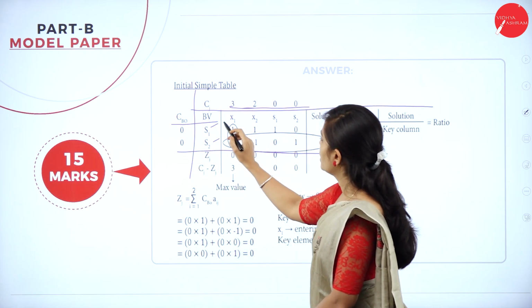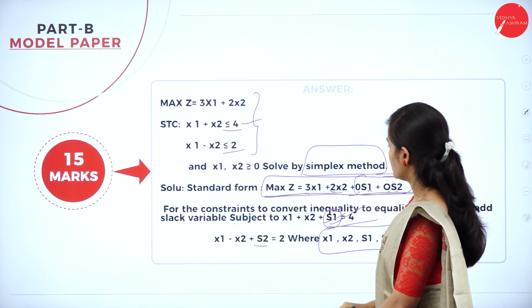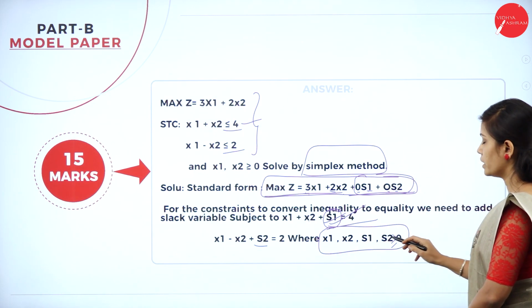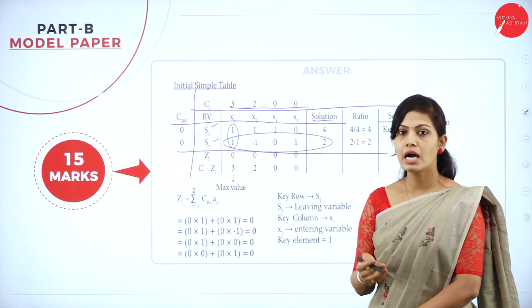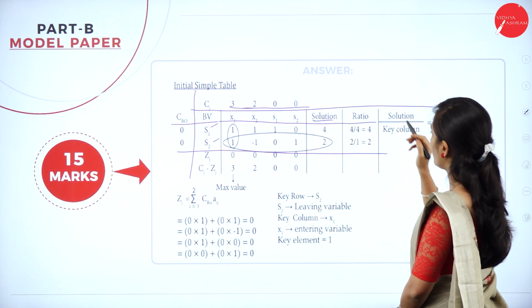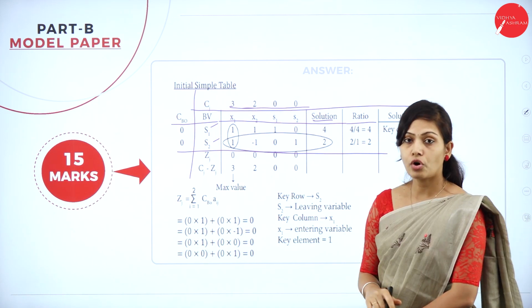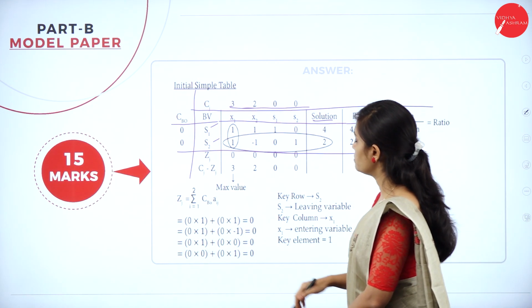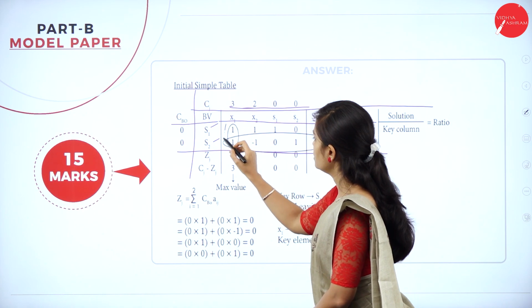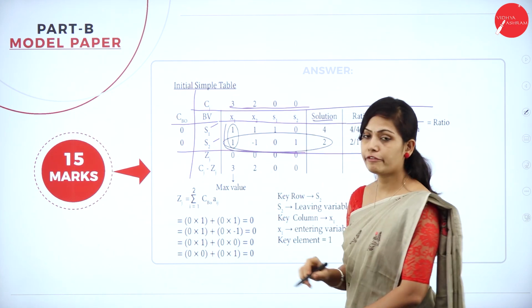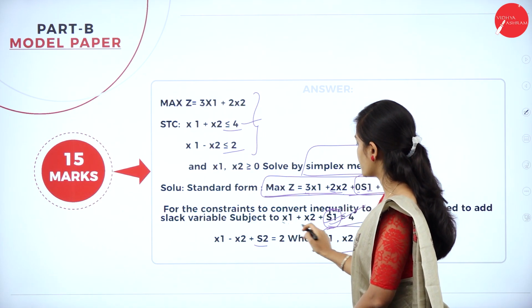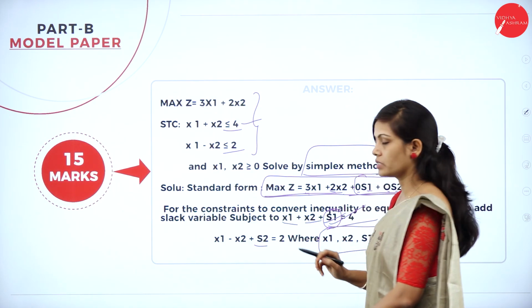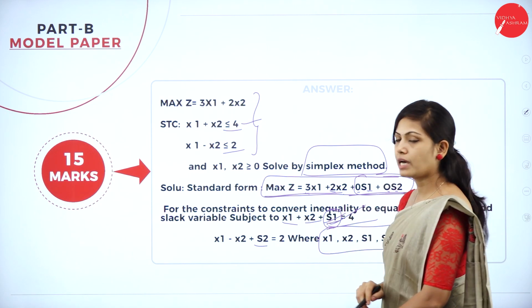Now list all the basic variables, S1, S2, with the solution. Solution means the RHS value, and you have to find the ratio also. I have already explained these problems. Now write all the given values, that is the coefficient of each variable. x1 coefficient is 1, x2 coefficient is 1, and s1 value is 1.